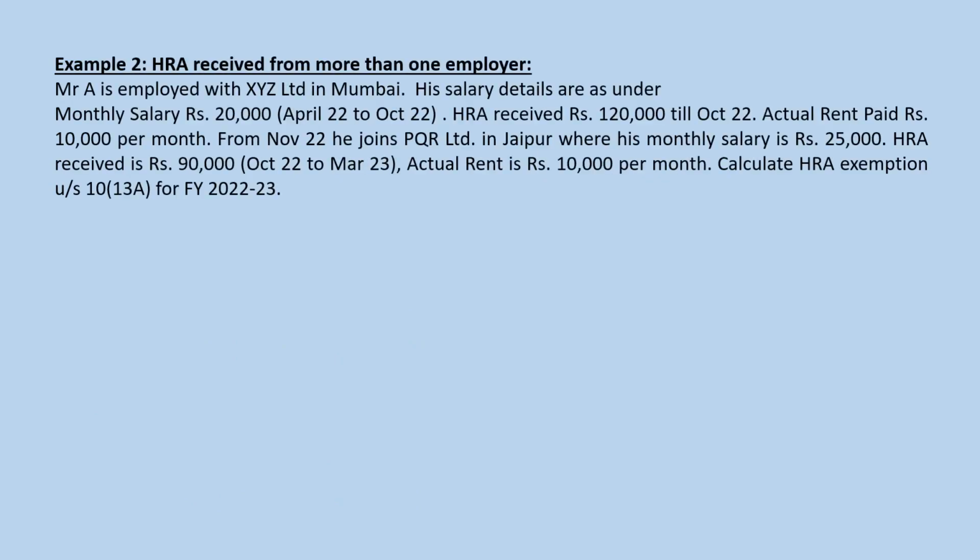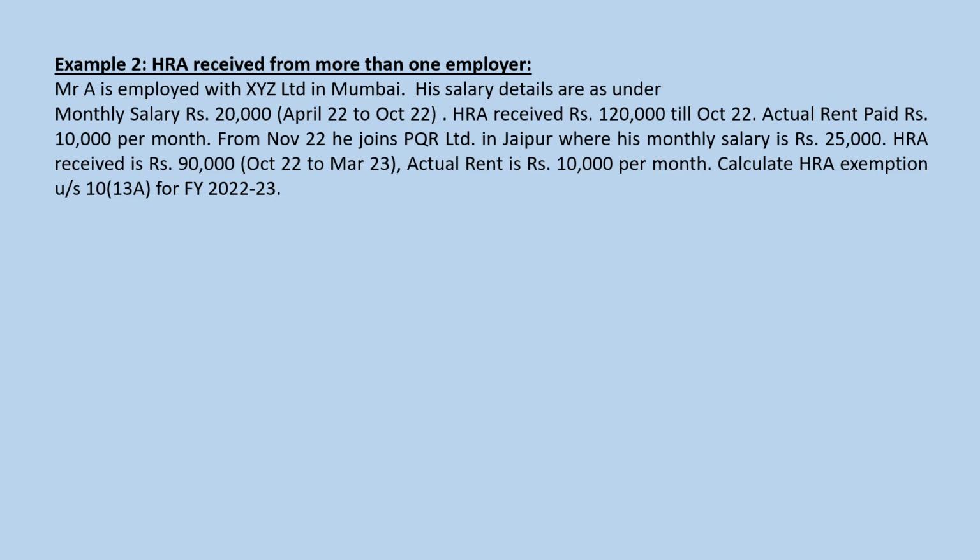One more example where he receives HRA from more than one employer. Now Mr. A is employed with XYZ Limited in Mumbai. His salary details are as under. The monthly salary is rupees 20,000 from April to October. The HRA received is rupees 1,20,000 till October.